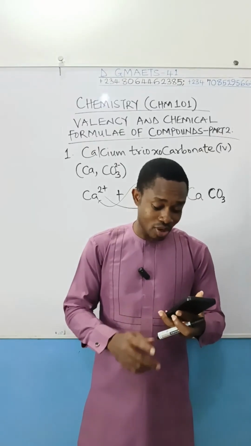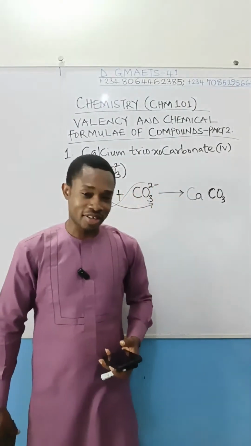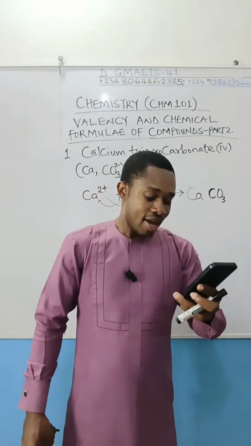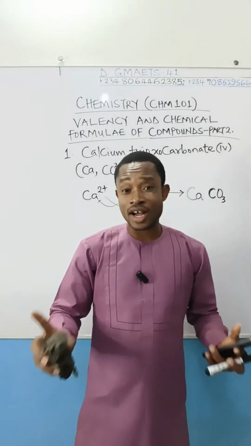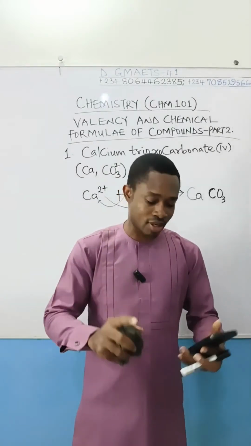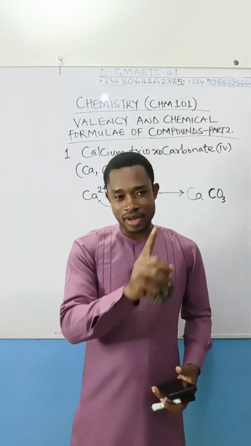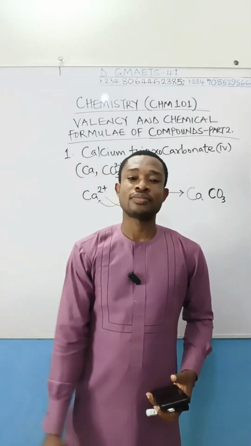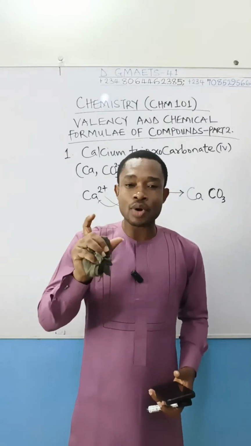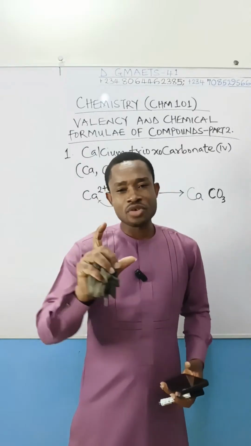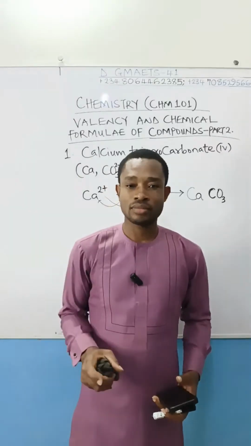What is the difference between organic and inorganic chemistry? I think we are learning the concept of writing the correct chemical formula of a compound. However, take note, I just want to talk about this. Don't ask questions outside what we are dealing with at the moment. This is a class. You cannot be talking about a particular topic and you're taking us to something else. In organic chemistry, you are studying compounds of carbon. If it is hydrocarbon you are dealing with, it will be compounds of carbon and hydrogen only.